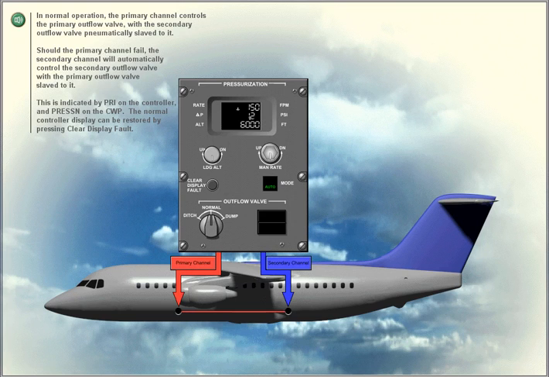Should the primary channel fail, the secondary channel will automatically control the secondary outflow valve with the primary outflow valve slaved to it. This is indicated by PRI on the controller and Pressurization on the central warning panel. The normal controller display can be restored by pressing Clear Display Fault.